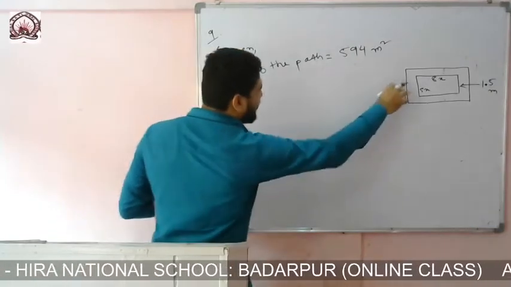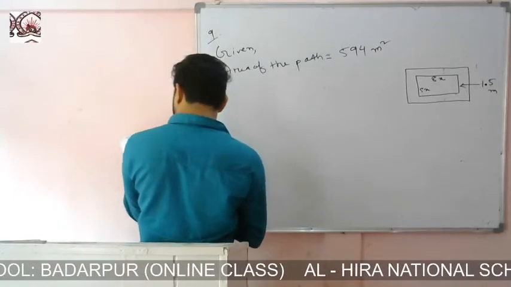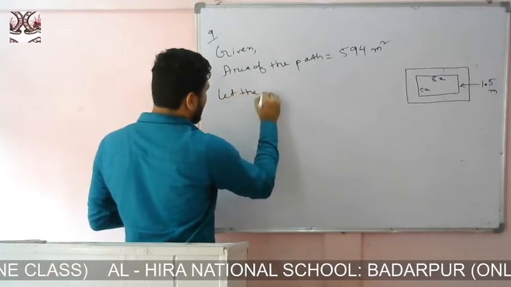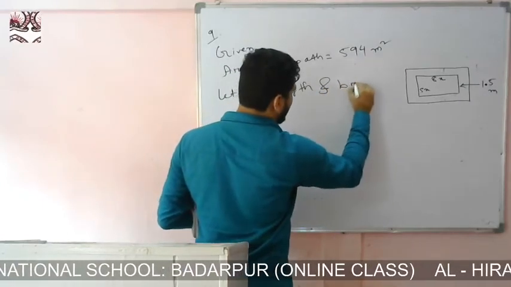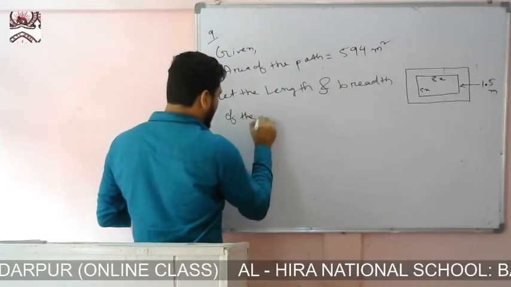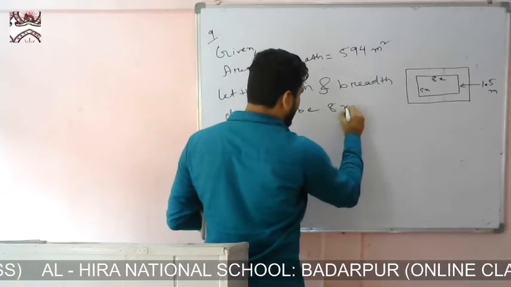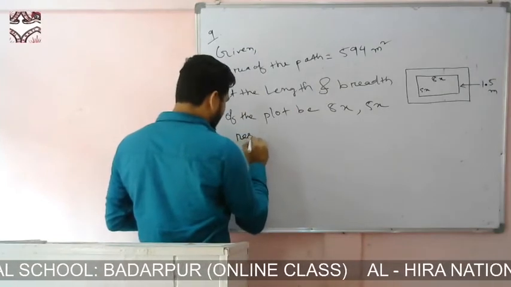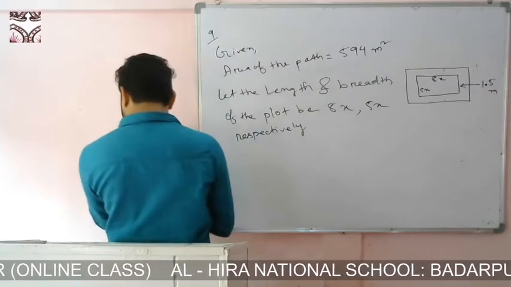Okay, now you don't know the length and breadth, so first you write let the length and breadth of the plot be what? 8x, 5x respectively. Okay, respectively.